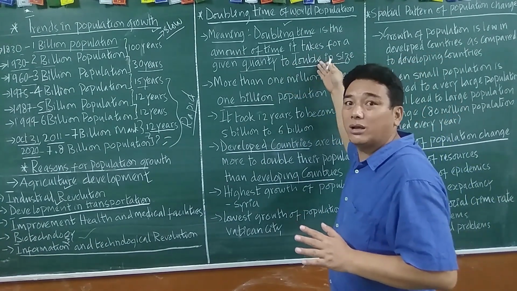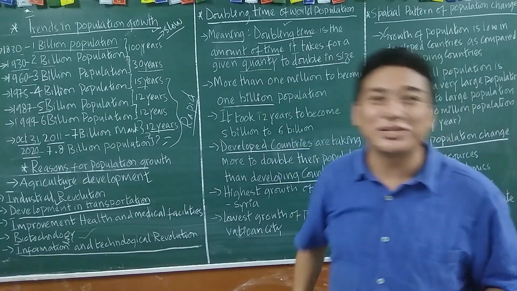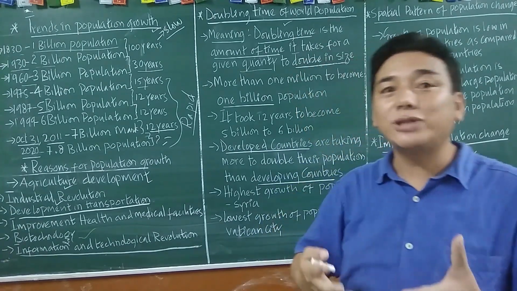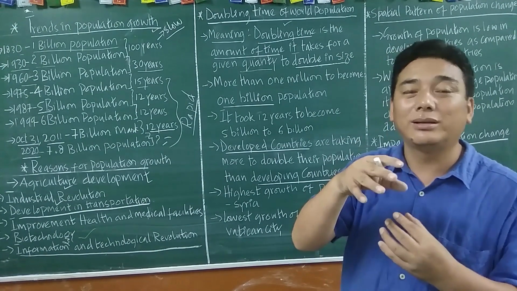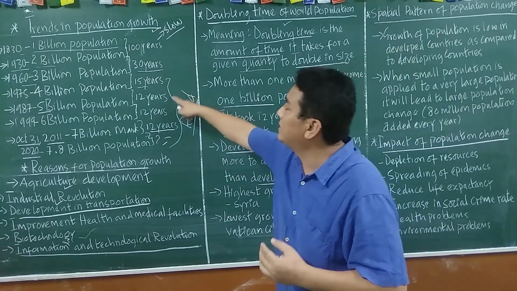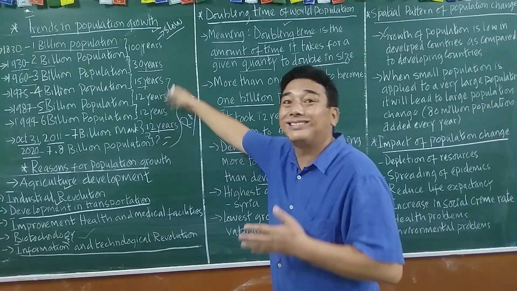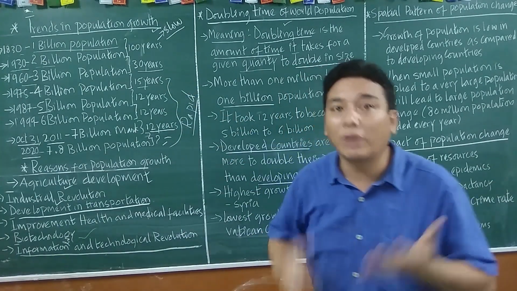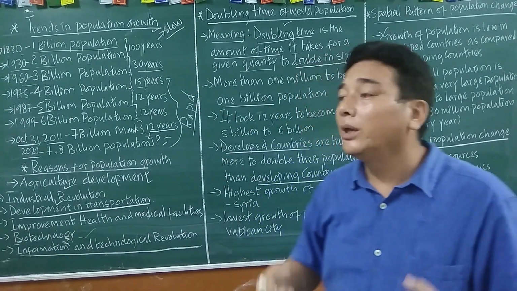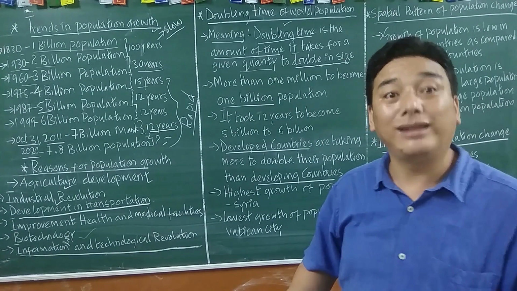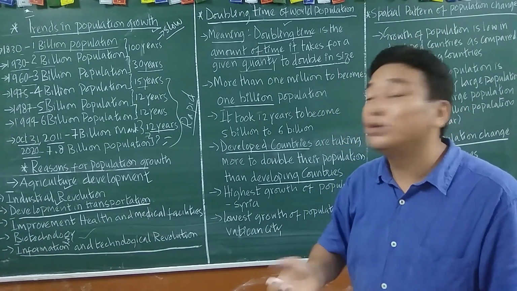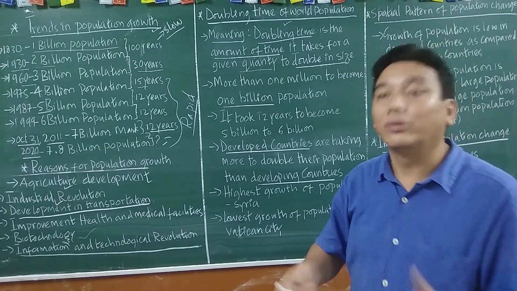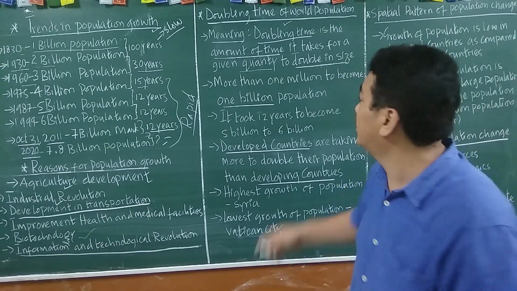For population, how much time will it take to double? This is about the world's population, and what about the country's population? What about an area's population? In how many years are the populations of places going to double?